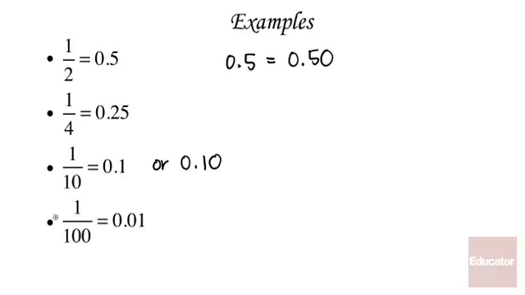How about this one? If I divide up the dollar into 100 parts, then I would have 100 pennies, right? So having one of those parts, having 1 penny, is going to be 0.01 or 1 cent. So 1/100 is having 1 cent, 0.01.